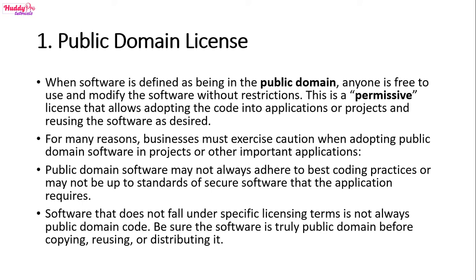Now, many businesses, when they have to adopt a public domain software, they have to take caution because most of the projects that use the public domain may not be perfect, may not be secure, may not be up to the standards of software applications. So you have to be very careful when you want to adopt a public domain software as a project for your business.